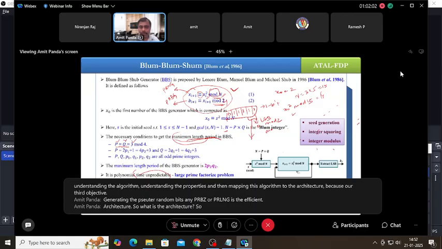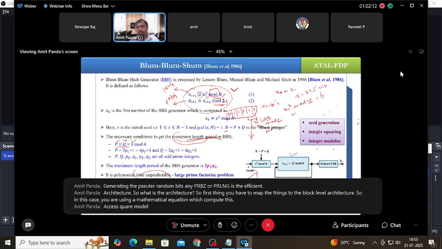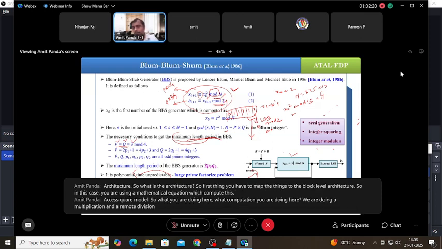First, you have to map the things to a block level architecture. You are using a mathematical equation which computes x square mod n. What computation are we doing here? We are doing a multiplication and a division, and from the division we find a remainder. So this is called the modular multiplier.